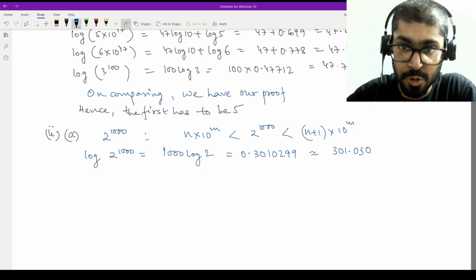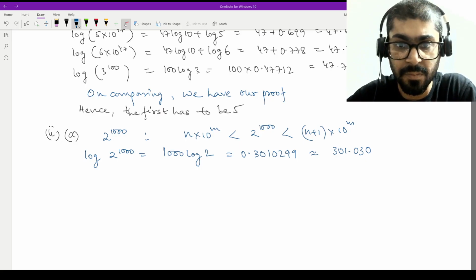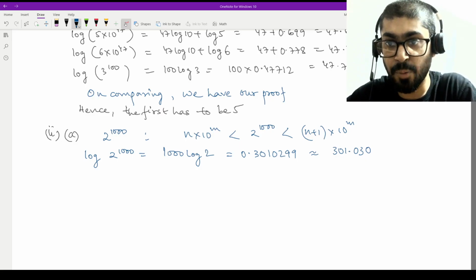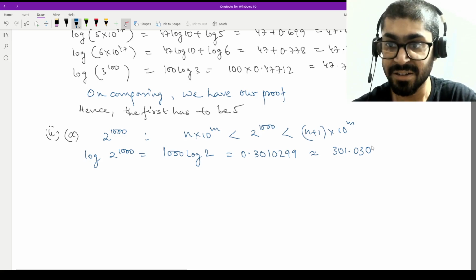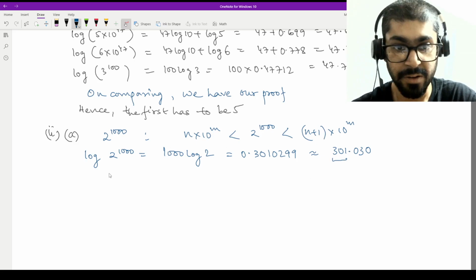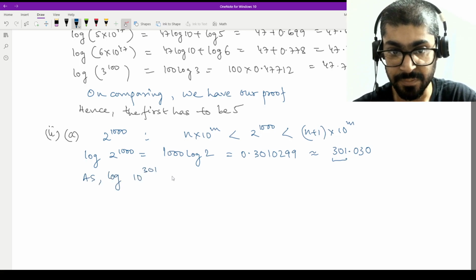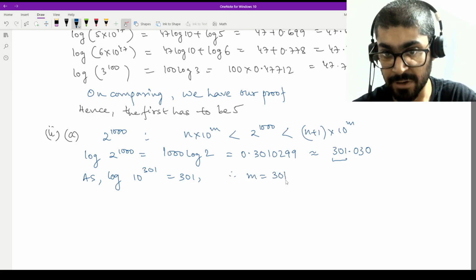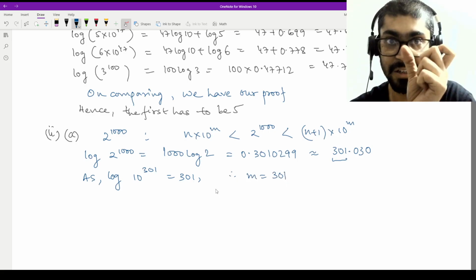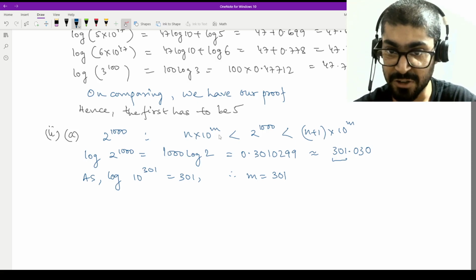Log 2 to the power 1000 gives me a value of 301.2996. Now how do we reach the value of 301 to be exact? I can take 10 to the power 301. Therefore our m will be 301. I hope you understood this. We have to first reach the number and then the decimal part, right? So m should be equal to 301.